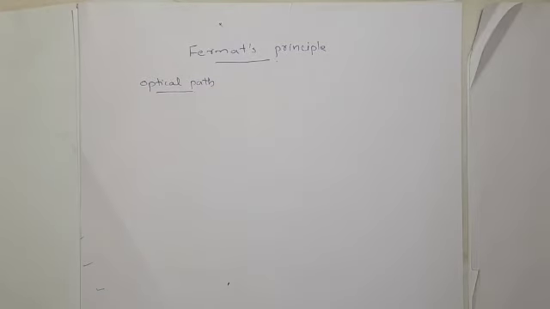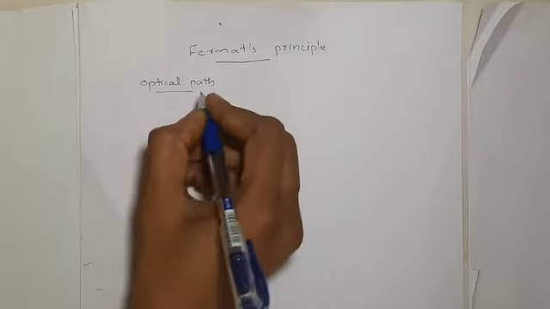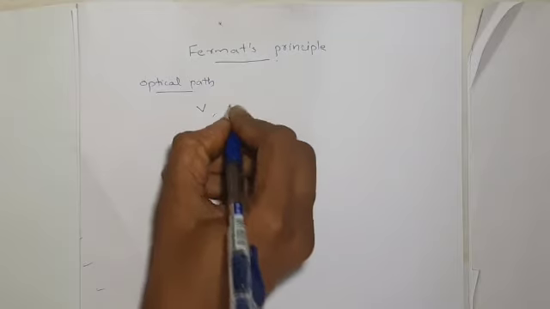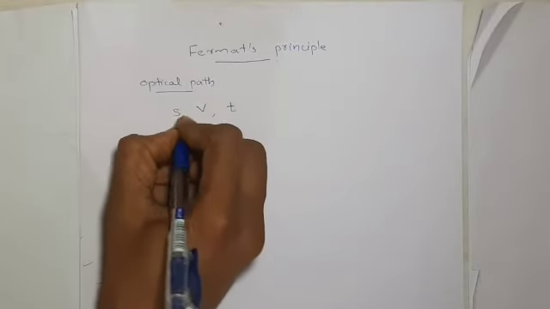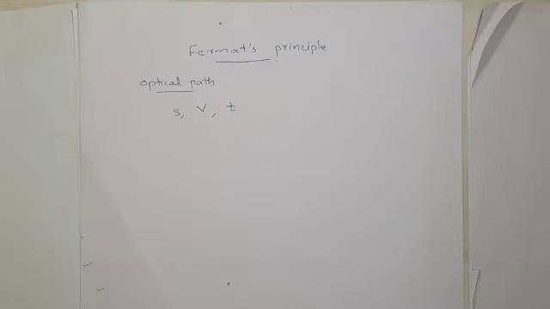When light travels in a medium, the distance traveled by light is S, and the velocity of light in the medium is v, then the time is t. S is the distance traveled by light, v is the velocity of light in that medium and t is the time.